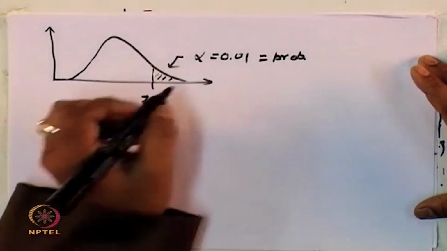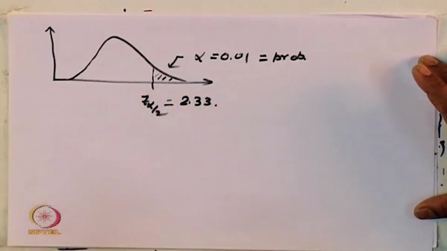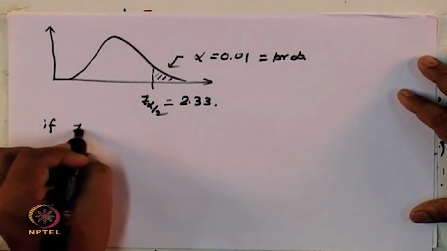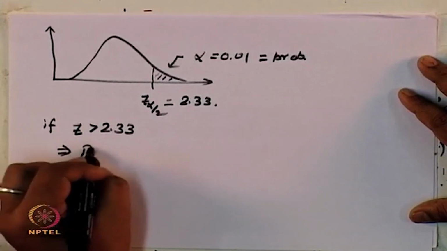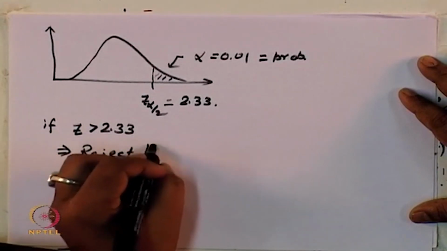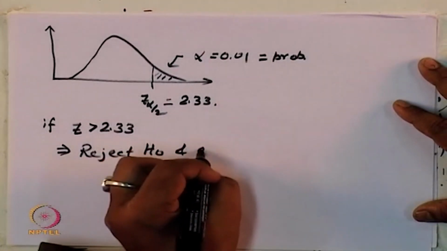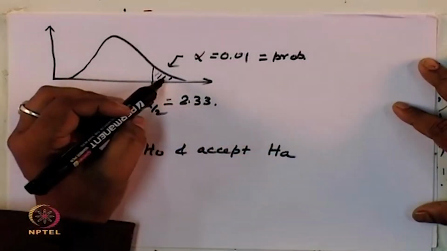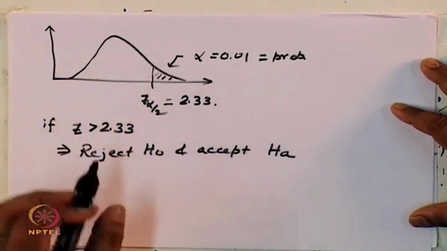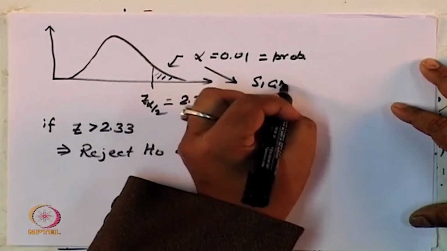If I choose alpha equal to 0.01, then Z of alpha by 2 becomes 2.33. So if for the sample my Z value is greater than 2.33, then I would reject H naught and accept H A. Alpha is the area under the curve, and it is also called the significance level.